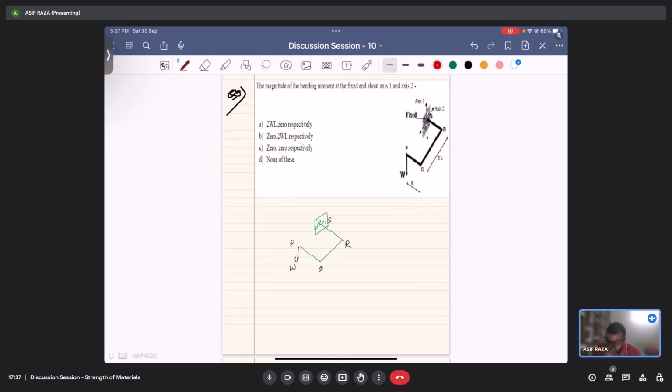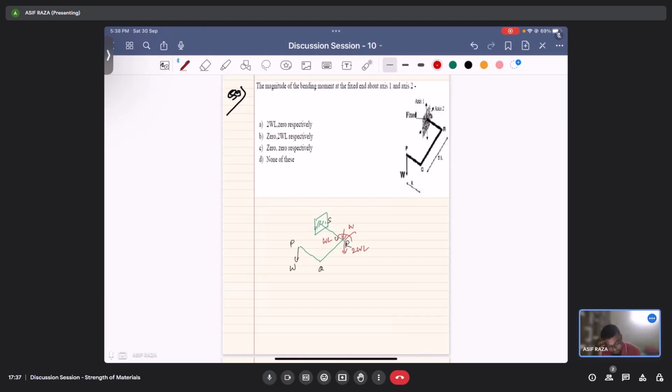In the last stage we saw its value is W here and WL was here and 2WL was generated like this.